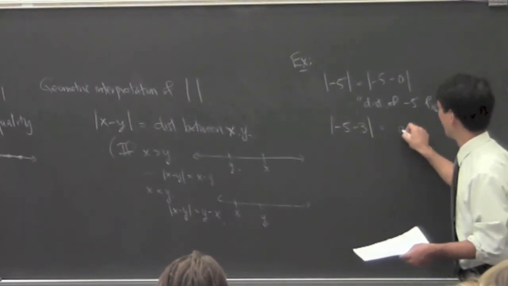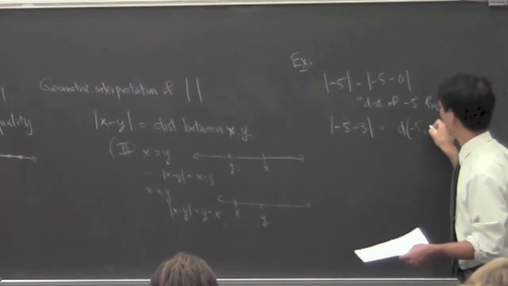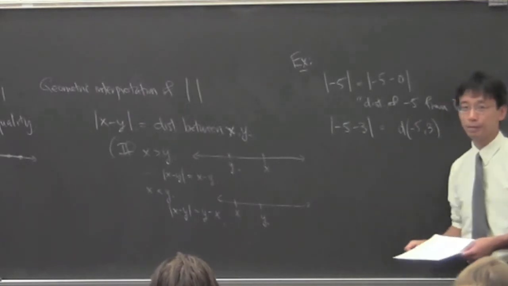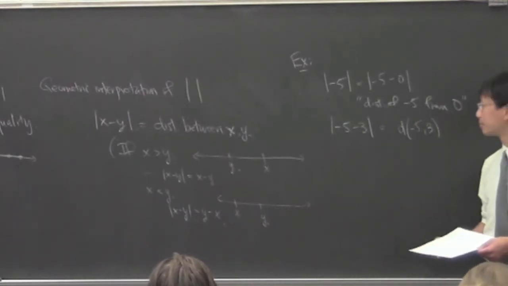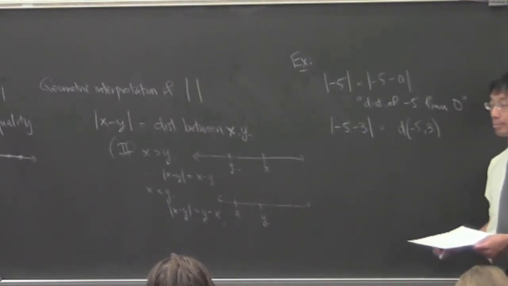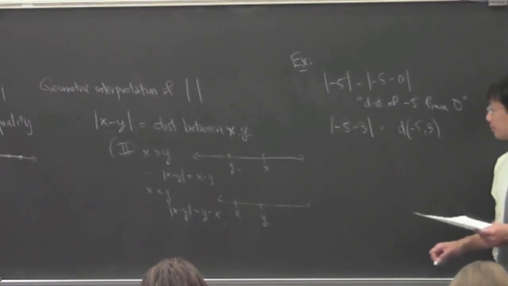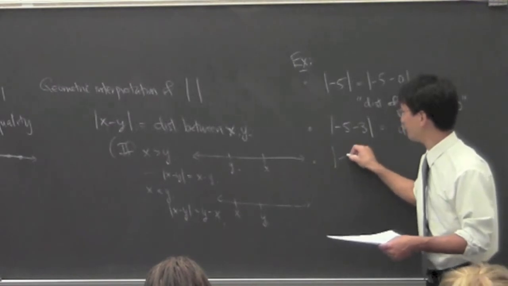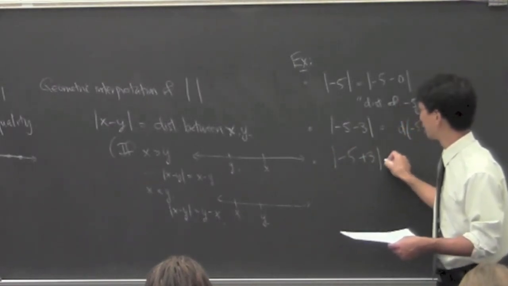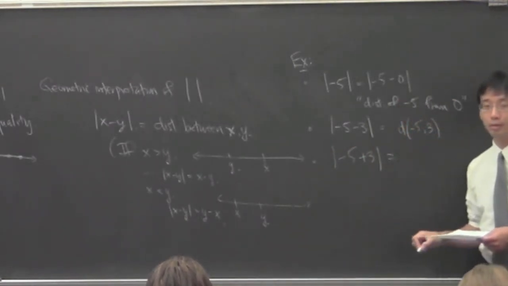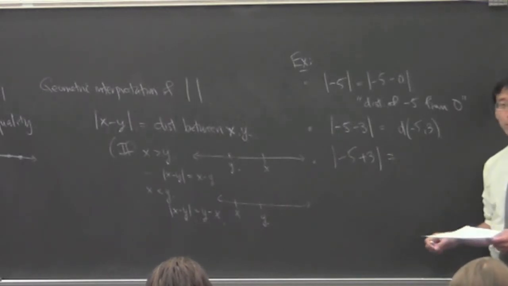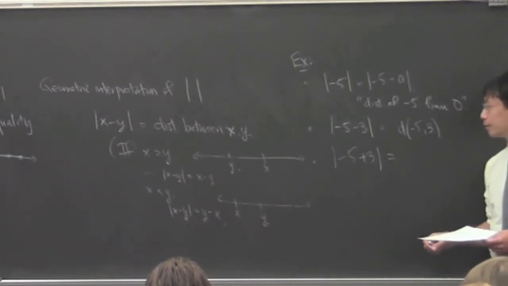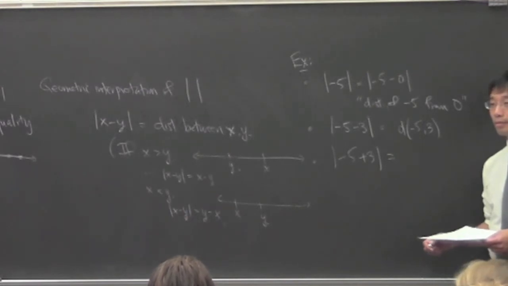And if I take the absolute value of negative 5 plus 3, well, what's that? The distance between -5 and -3.